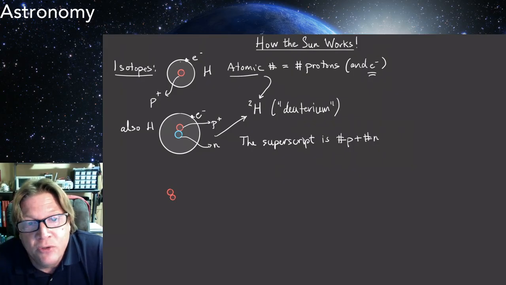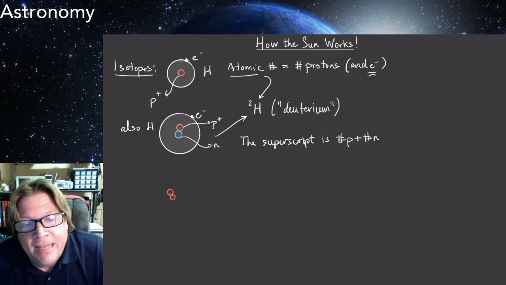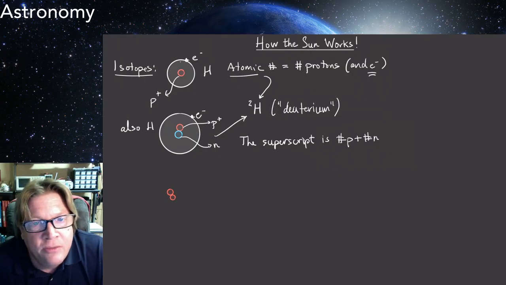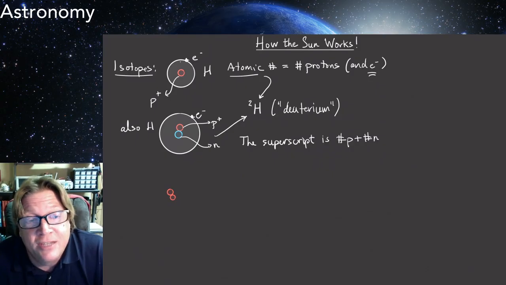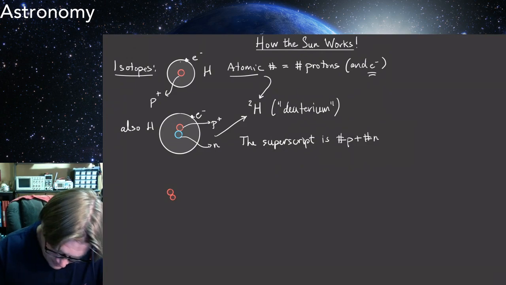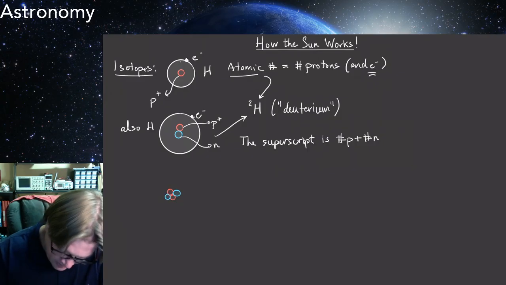Helium is element number 2. How does this even work? Because those 2 things are positively charged, and 2 positive charges that close together are going to repel each other, right? So how does helium stay together? And the answer is that it needs help. It needs help from these things.